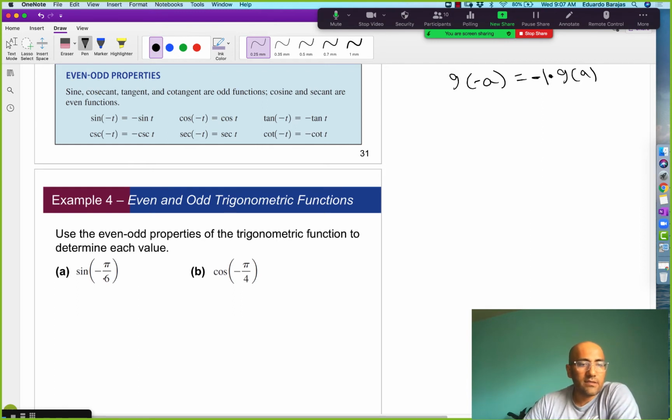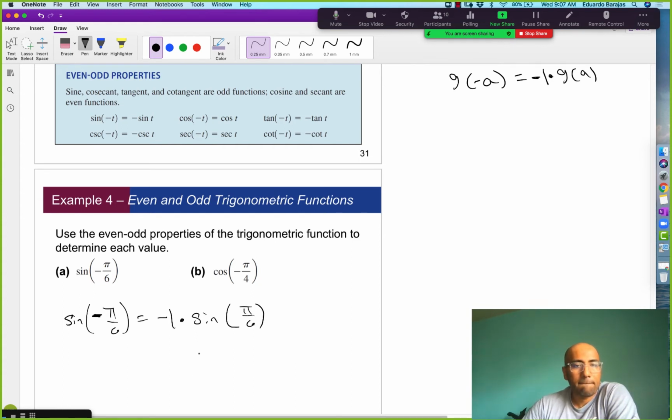According to this, in order to find sine of negative pi over 6, sine of negative pi over 6 is equal to negative 1 times sine of positive pi over 6. That's what that's saying.